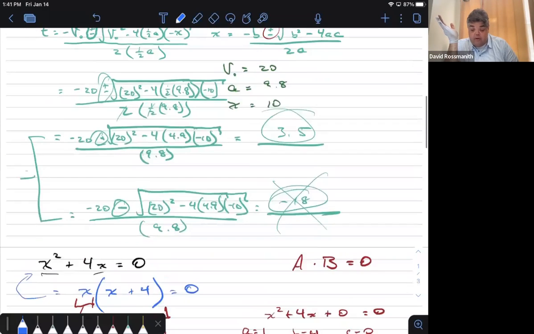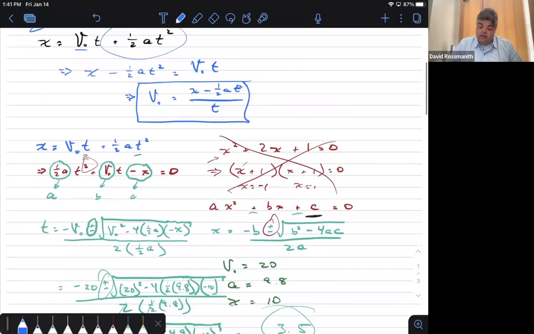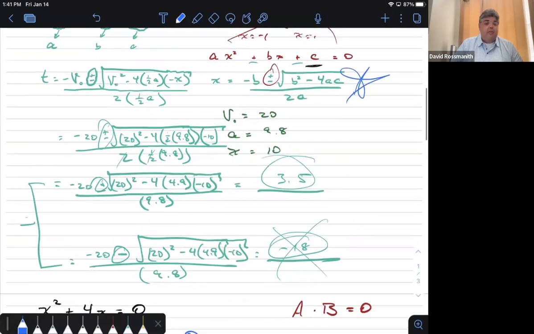One, the full quadratic equation, where you have the t squared term, the t term, and the constant term that does not have a t in it, in which case, get it into standard form, figure out what's your a, what's your b, what's your c, and then plug it into the quadratic formula. That gives you two answers.